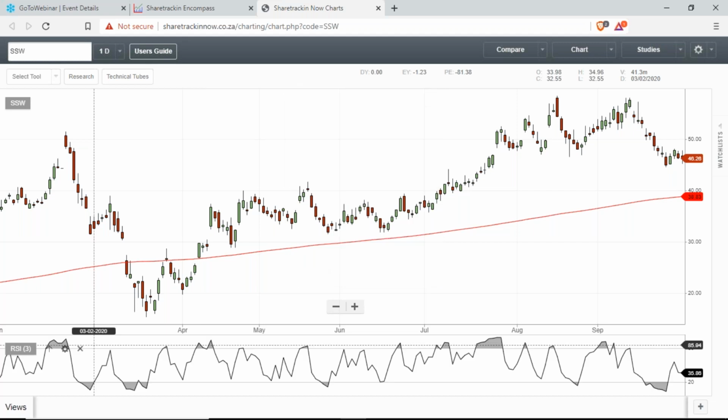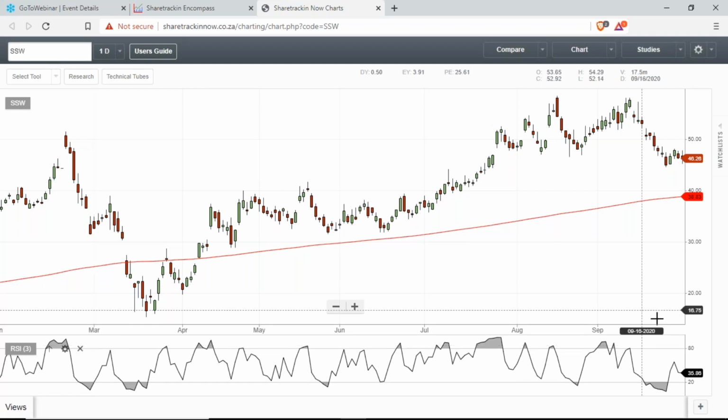Automatically, you will see these gray areas at the bottom and at the top. So if I look on the right-hand side of my RSI, there's an 80 and a 20 line. So if I look at the graph, when the line goes below 20, it's gray. And when it goes above 80, it's gray as well.